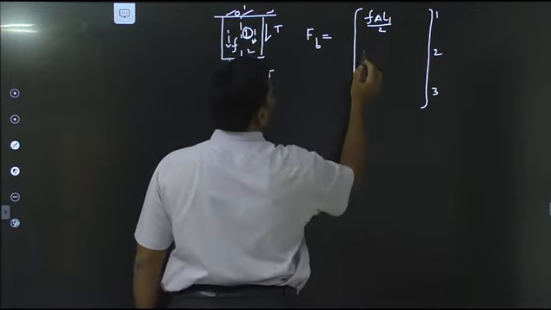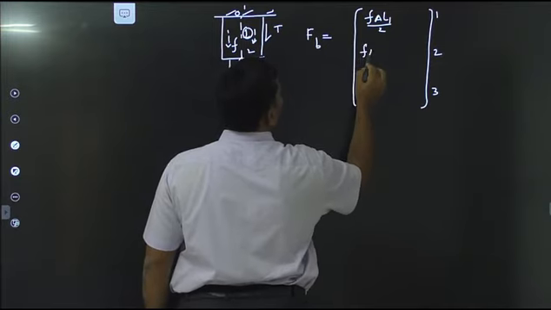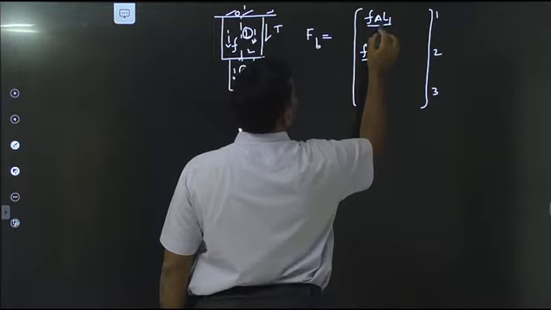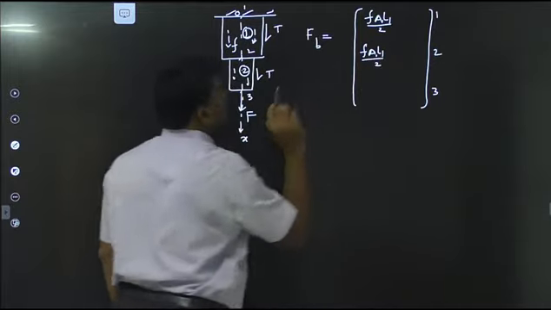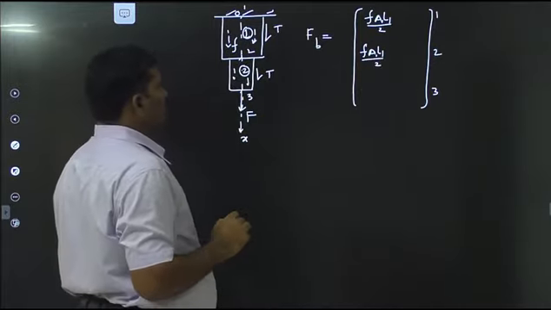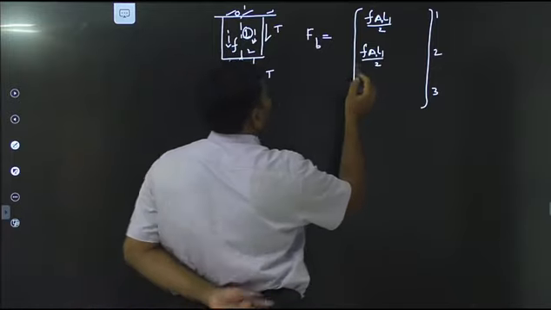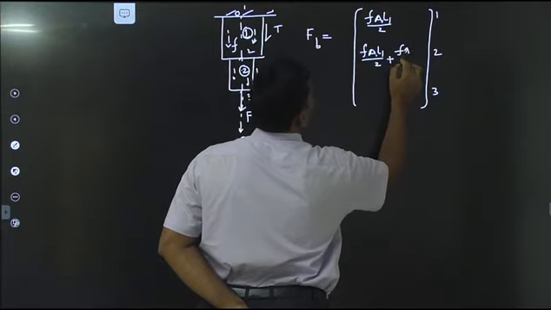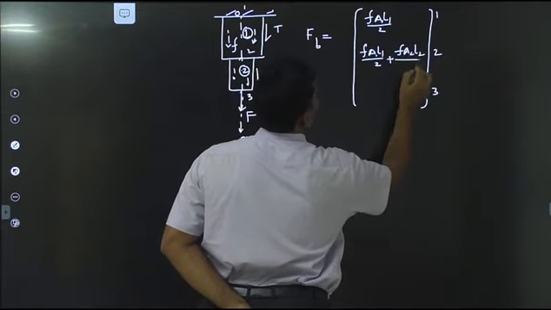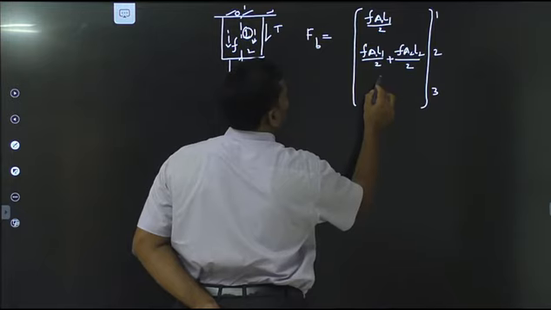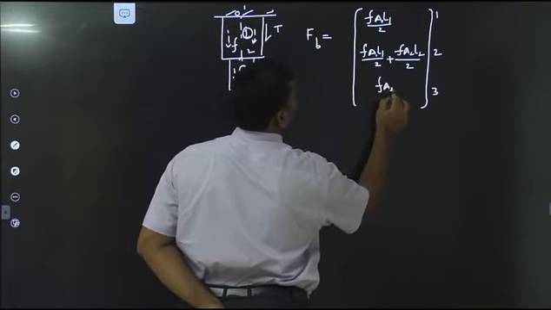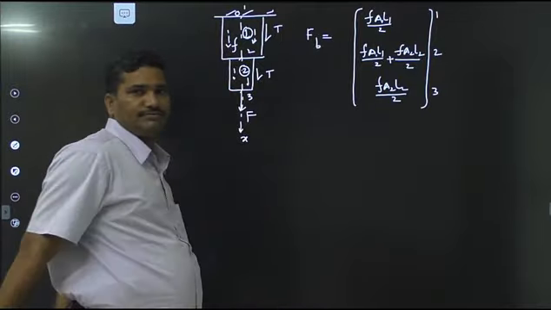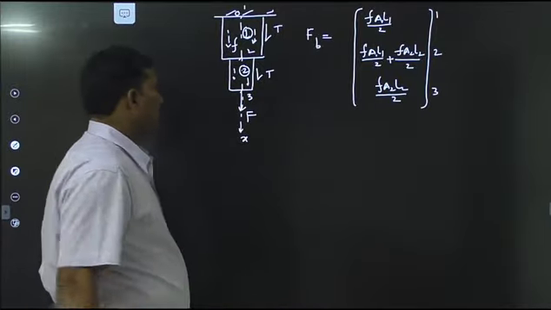What is the second element? F A1 L1 by 2 plus F A2 L2 by 2. And here F A2 L2 by 2. We have the matrix like this. Right? Next.